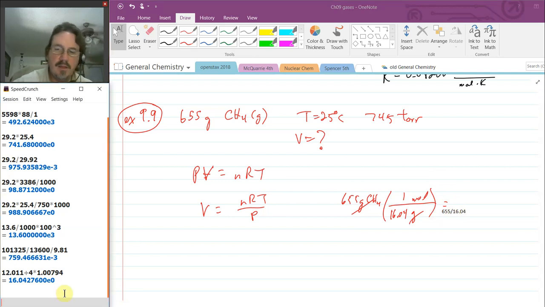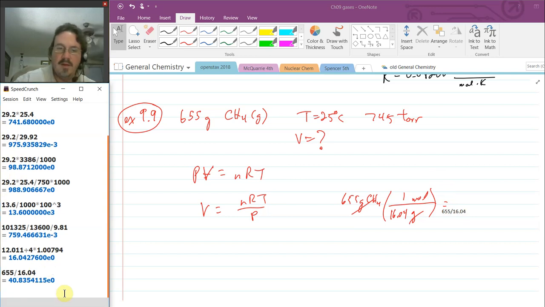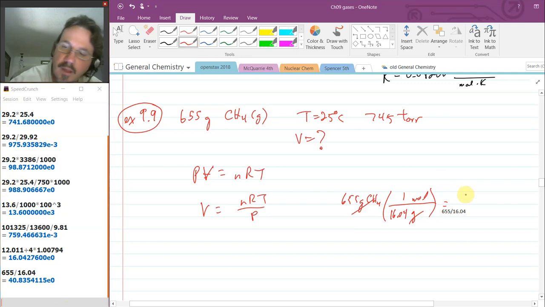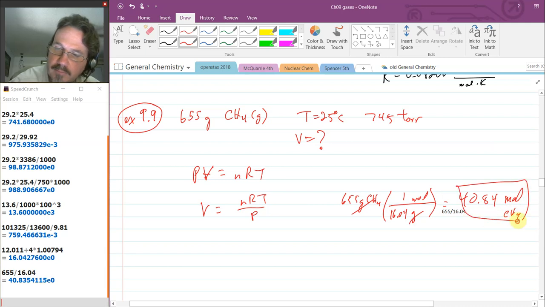655 divided by 16.04. Oops, I typed it in the wrong place. Let's go to the calculator and try that again. 655 divided by 16.04. All right, 40.84. 40.84 moles of methane. Okay, that's what my n is. So I know what n is. T, temperature, they told me is 25 degrees Celsius.